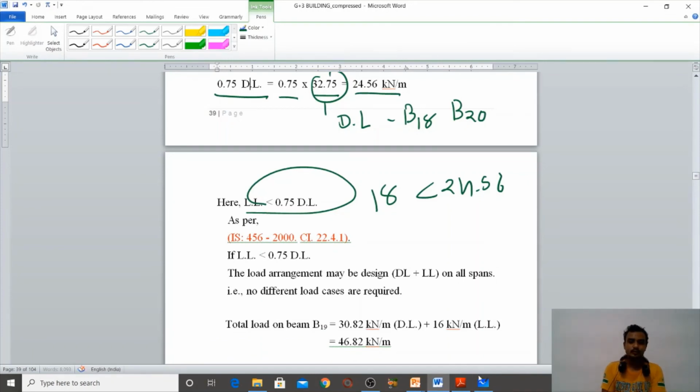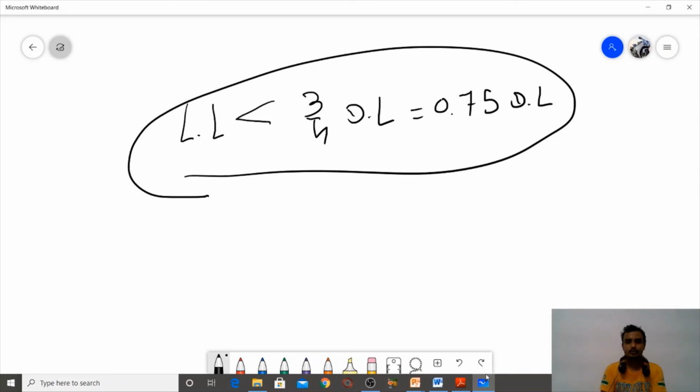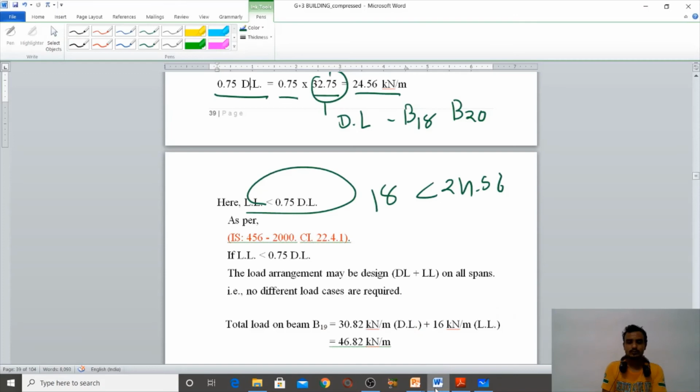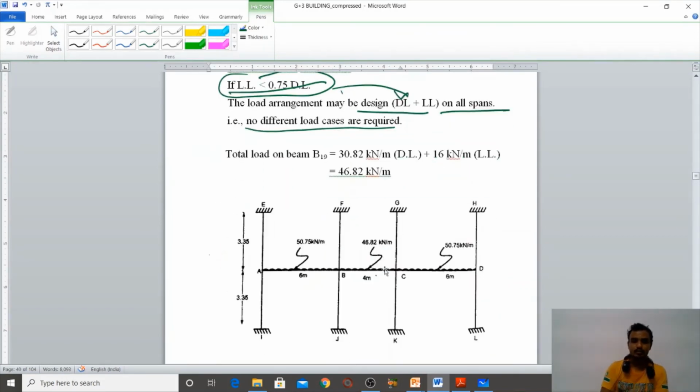Here the live load is less than 0.75 dead load, so the load arrangement may be design dead load plus live load on all spans. There are no different load cases required. So on all spans we have to follow dead load plus live load.